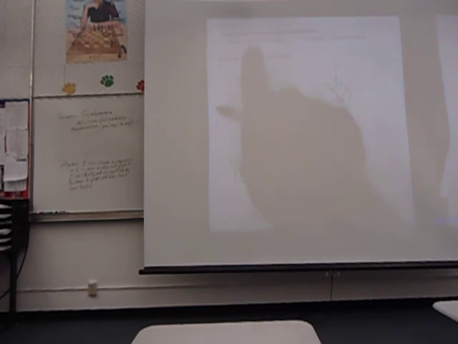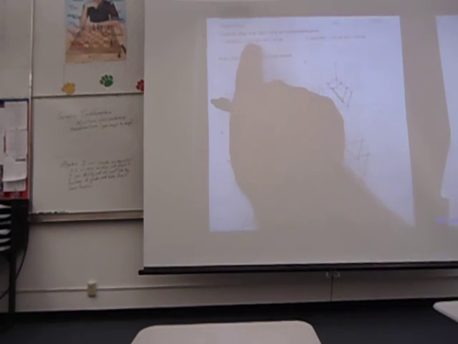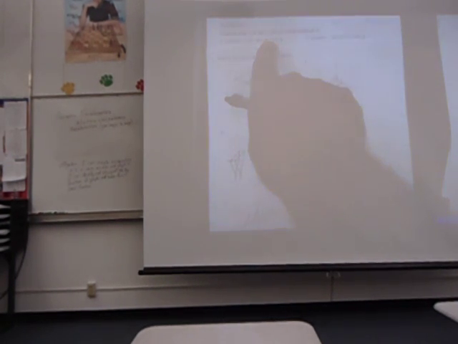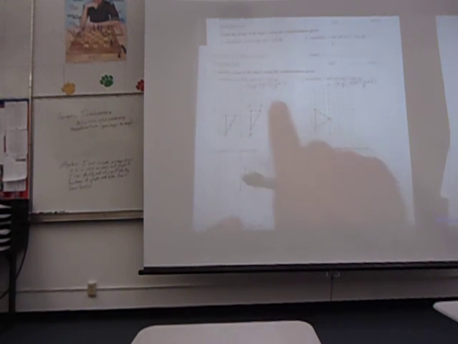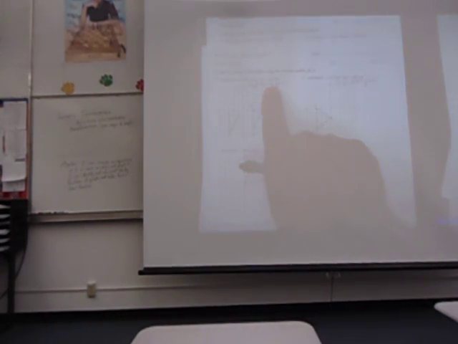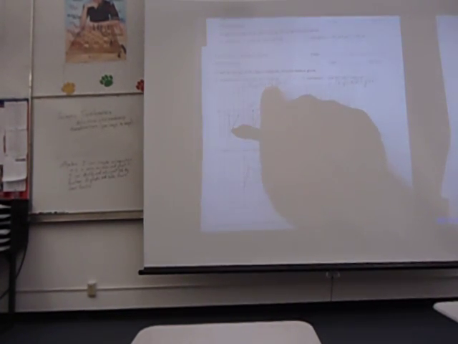You're going to write two different rules. You're going to write it once in words like this, and you're going to write it once in notation like this. Okay? So you're going to write it both ways. Once in words, once in coordinate notation.